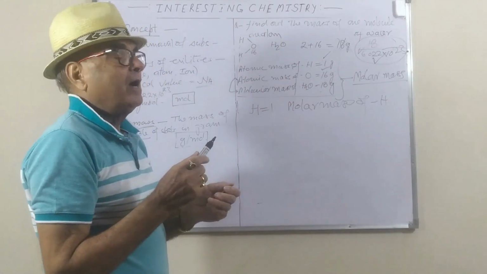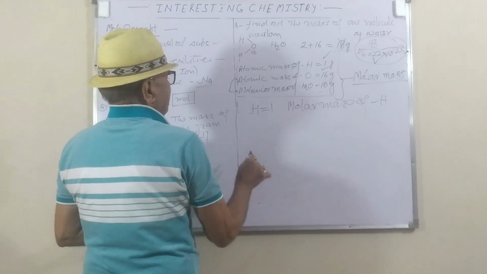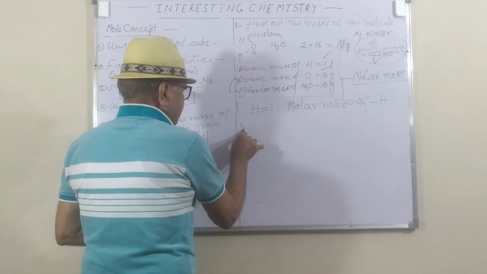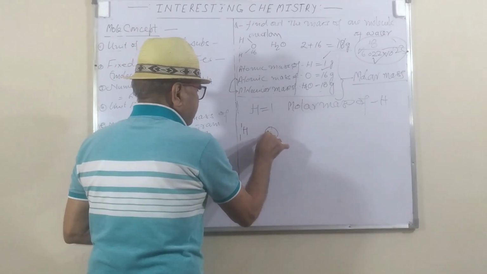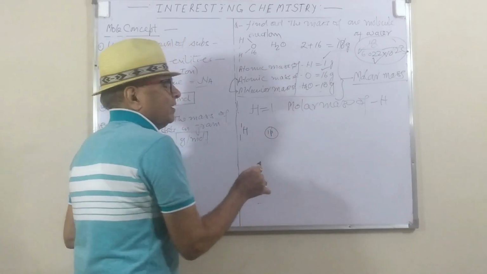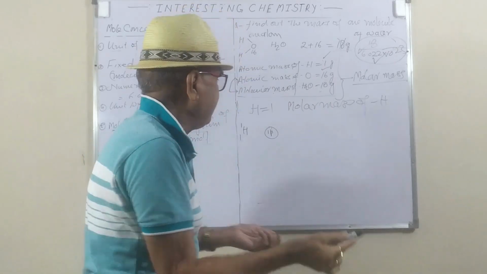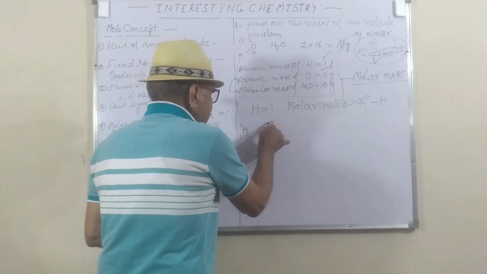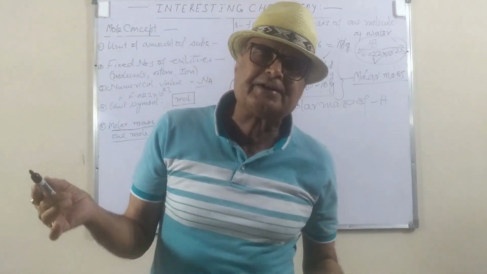Now I will go to the structure of the atom. It is hydrogen. The structure of the hydrogen atom is 1p. There is only 1 proton in the nucleus and 1 electron in hydrogen. So this is the structure of the H atom.